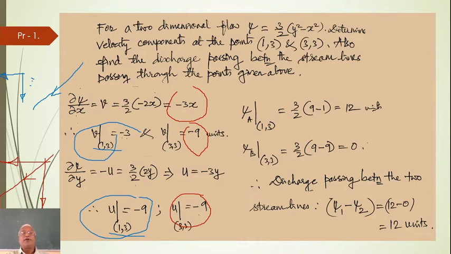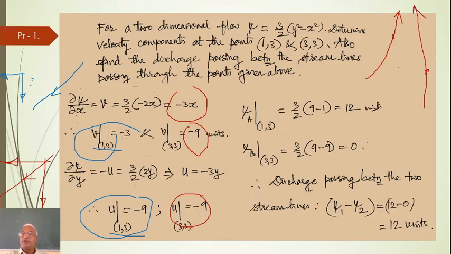Now, also find the discharge passing between the streamlines passing through points 1 3 and 3 3. Look here, I'll put a point 1 3 here, and this point is 3 3. There will be a streamline going that way through point 1 3, and another streamline going this way through 3 3.